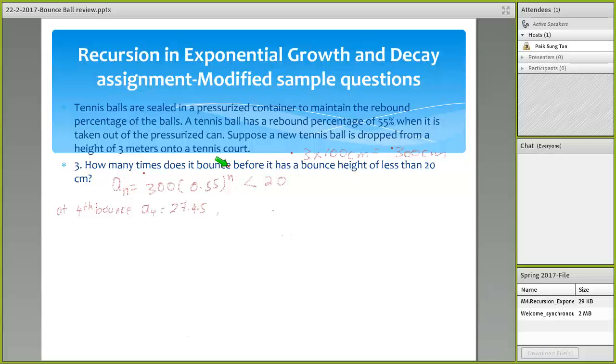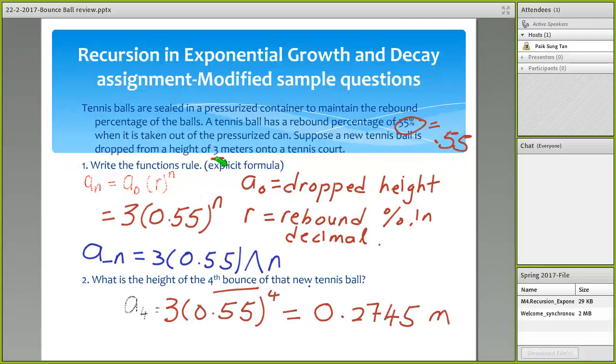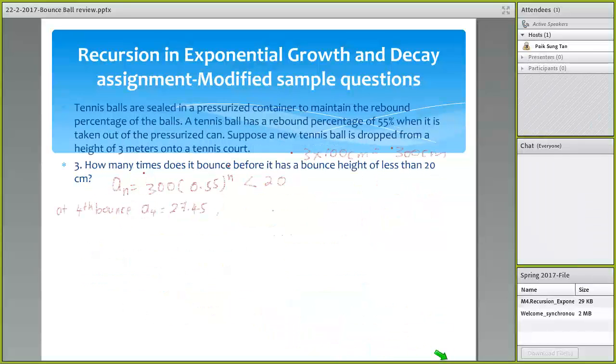I want to know at which bounce, when I calculate this, the answer is less than 20. And from the previous question, I know at the fourth bounce, it gives me 27.45 centimeter.